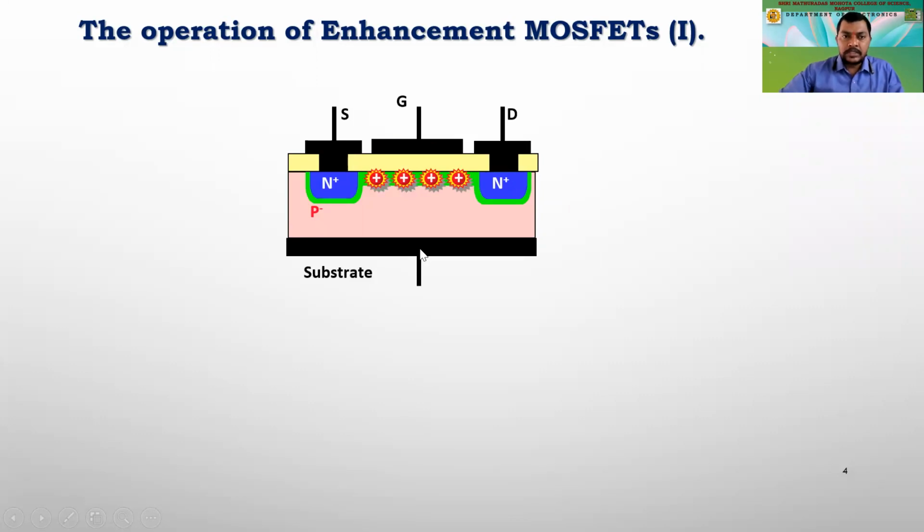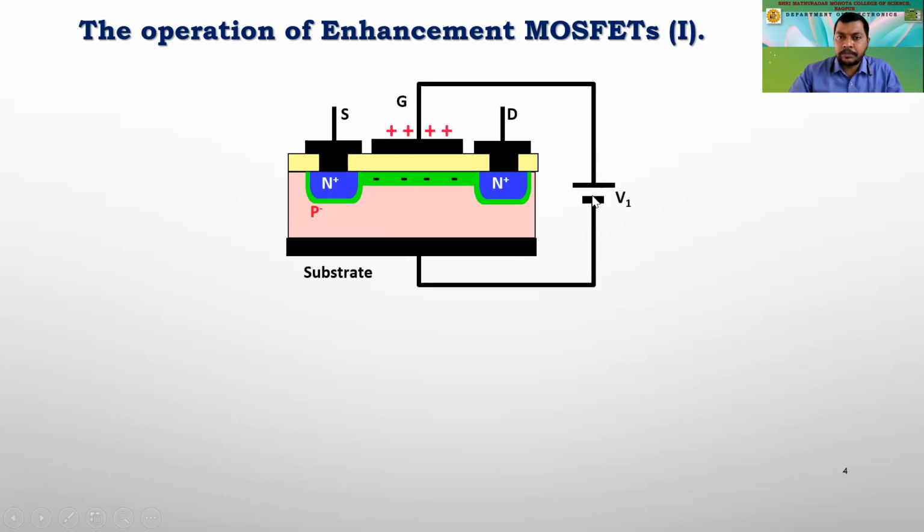So what is this? This is what we are having. Initially, we are having positive holes over there due to this P-type substrate, which is in between these two. So as soon as we connect this with a power supply, the positive terminal of the battery is connected to the gate and the negative terminal is connected to the substrate. So during this, what happens?